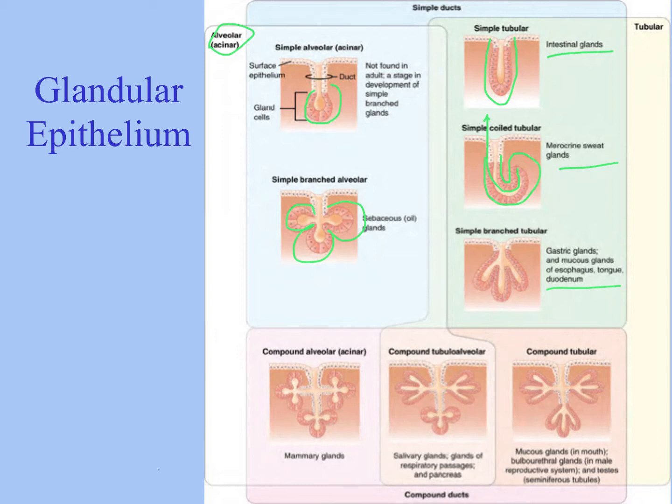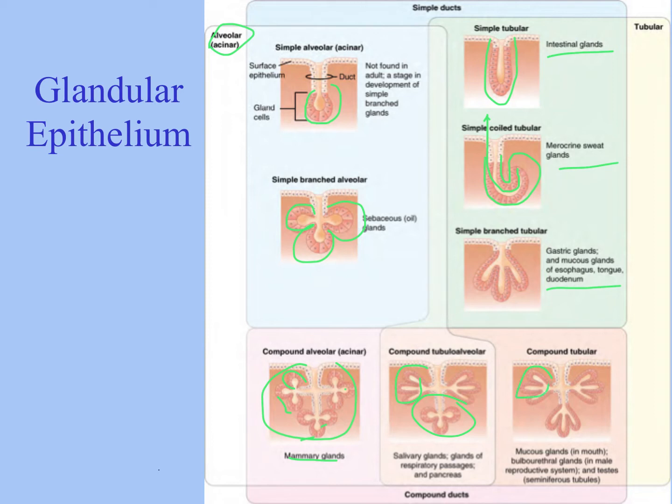compound glands, which can either be compound alveolar. Notice that there are multiple grape-like clusters here. Typically you'll find those in mammary glands. Or a mixture of tubular plus alveolar, which you'll find in salivary glands and some in respiratory passages.